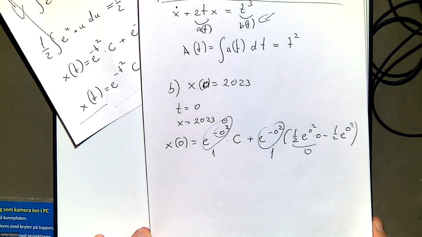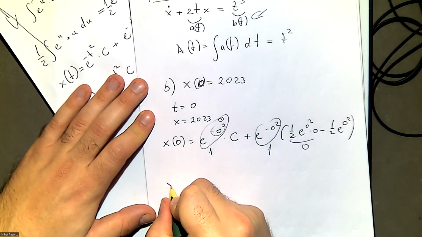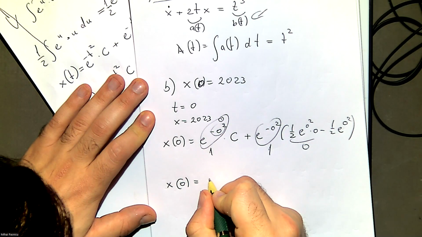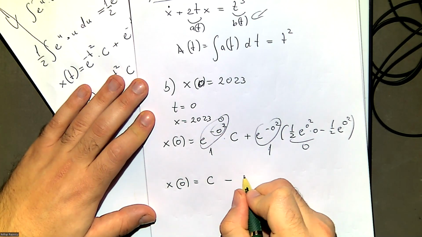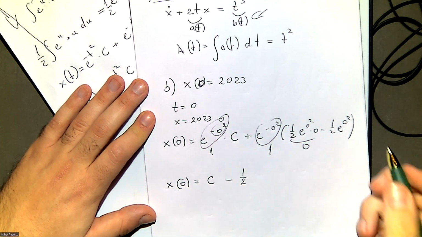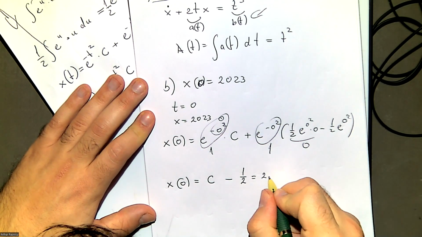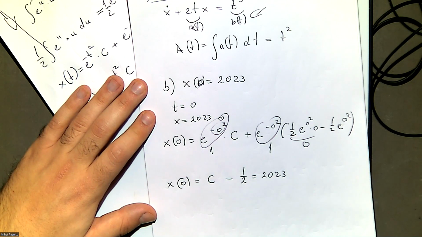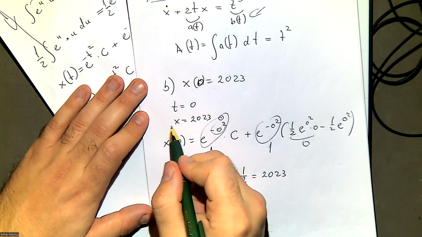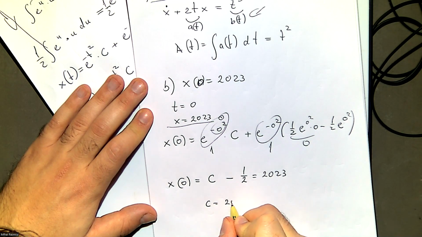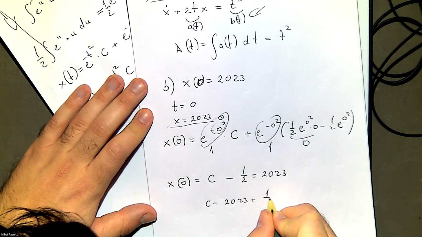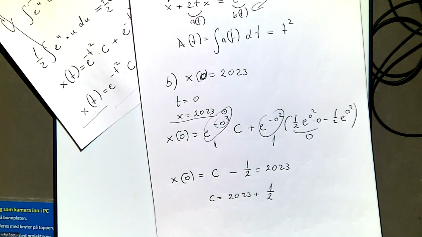So I'm just stuck with x of 0 equals a constant minus a half, and I need this to be equal to 2023, because x is equal to 2023. So the constant is equal to 2023 plus a half. And that's it.